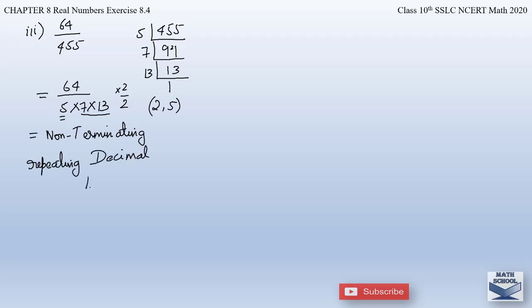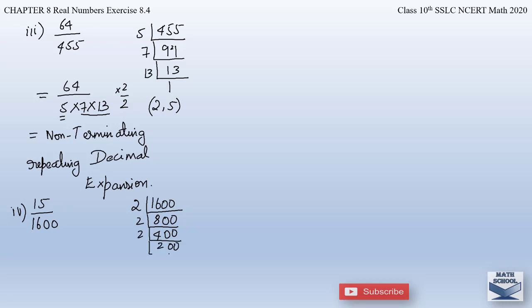Now let us move to our next number, that is 15 divided by 1,600. So let us factorize the denominator 1,600. 2 eights are 16, 2 fours are 8, 2 twos are 4, 2 ones are 2, 5s are 10, then 2 twos are 4, carry 1, and 5 fives, 5 ones.